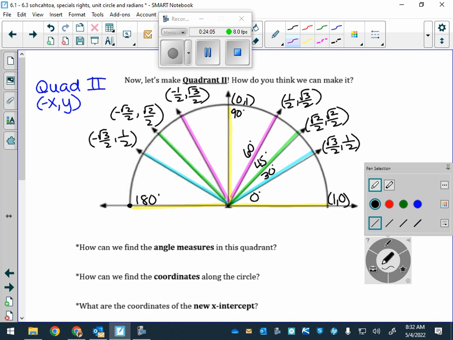Negative 1, 0. Okay? So I still have to fill out these degrees then. Any idea how I can figure these out? What would they be? What do you guys think?